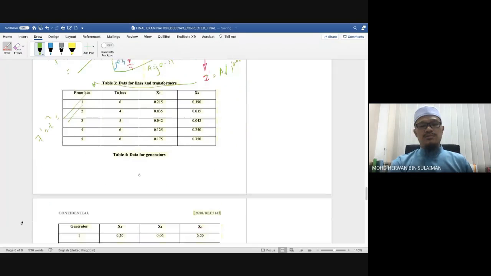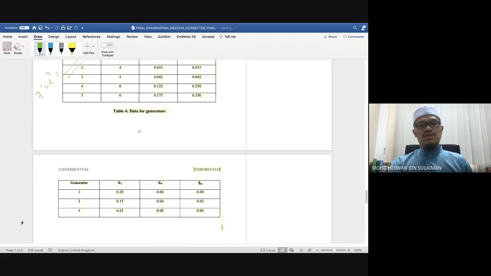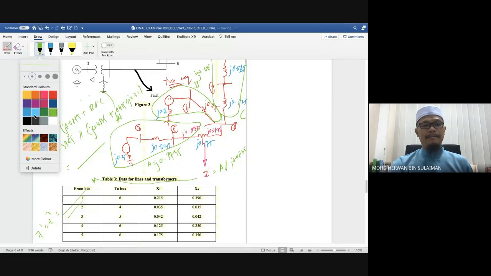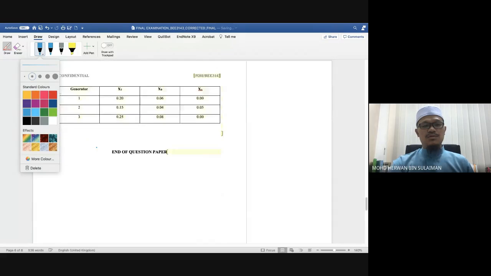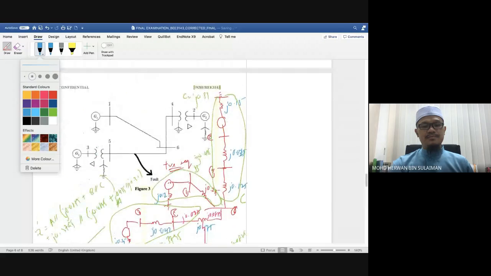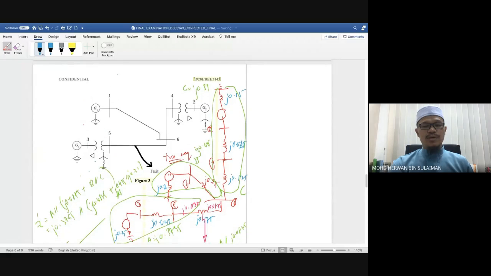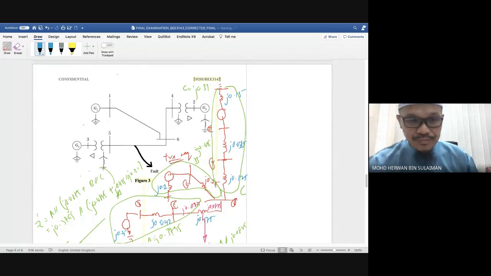Next, we want to find the zero sequence. The zero sequence is quite tricky. Why? Because for the zero sequence you have to make the Y connections. So we start here. This generator is grounded, no problem.